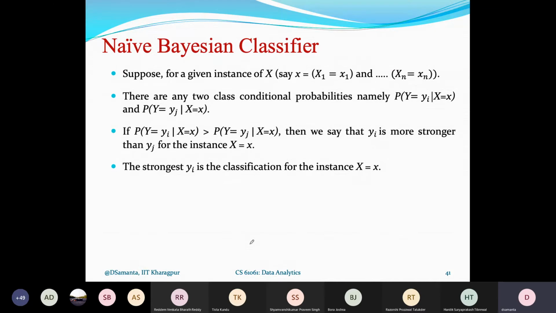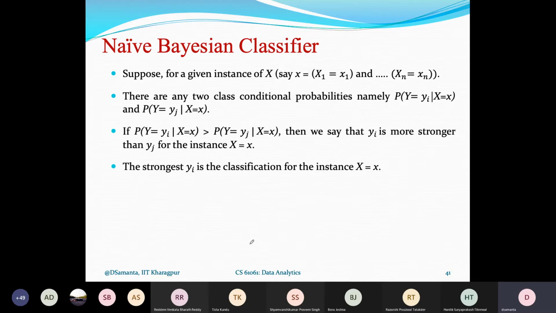So if P(y=yi) has a higher value than any P(y=yj) for the same test data X, then we can say that the data X has a strong probability of belonging to class yi. Therefore, we can say that the test data belongs to class yi. So this is the probabilistic calculation for the data, and that is the Bayesian classifier.